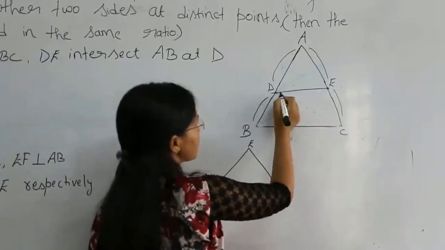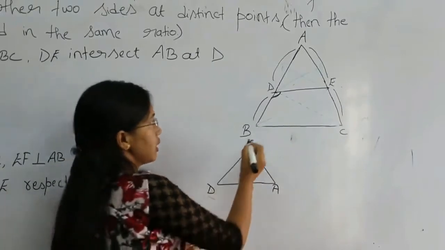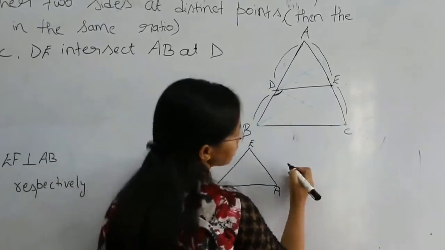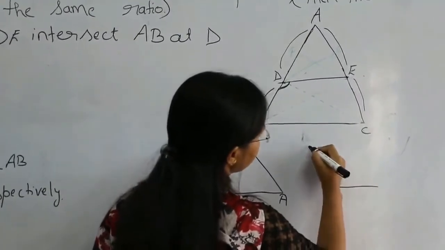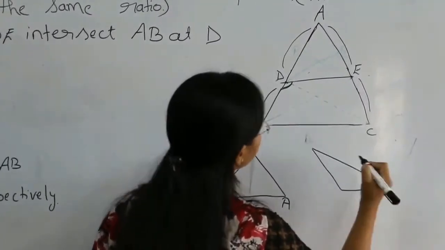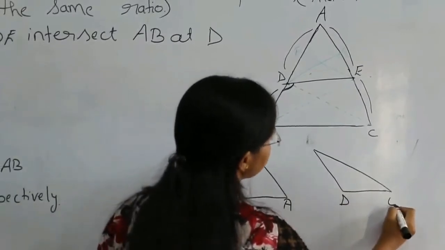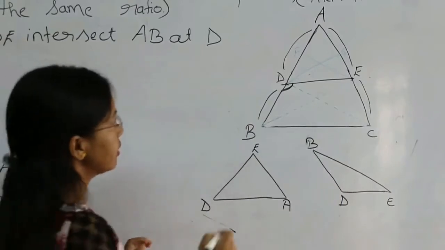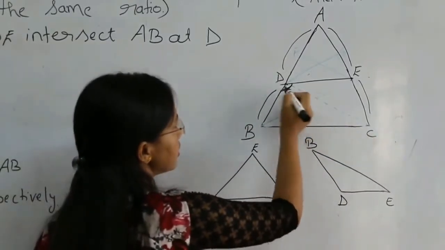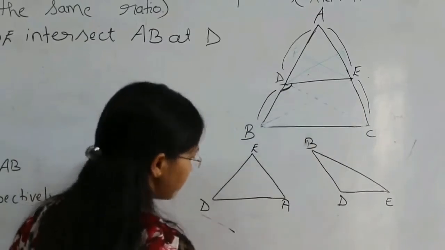This is an obtuse angle, greater than 90 degrees. So it is something like this. So this is D, this is E, and this is B. Another triangle, take triangle CDE. This is also an obtuse angle triangle.